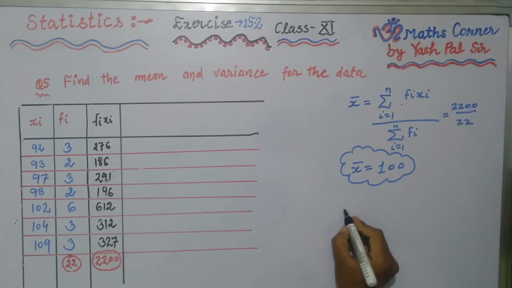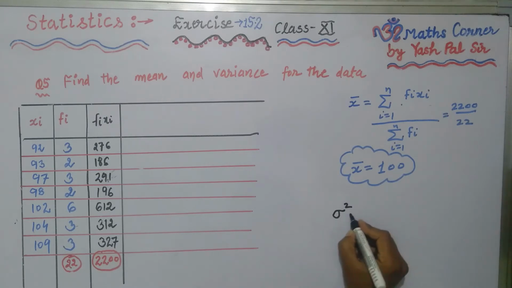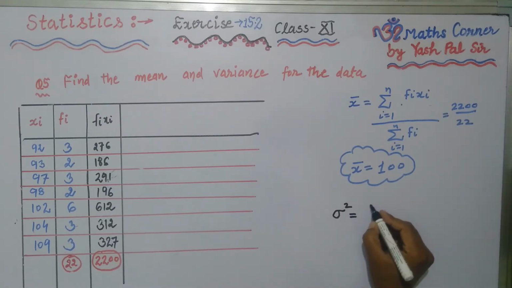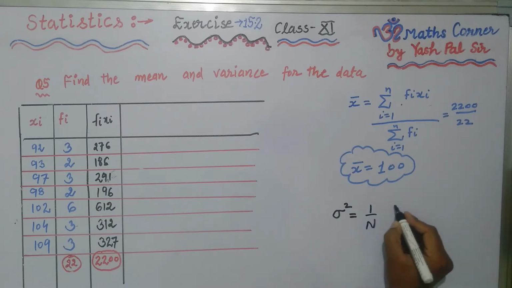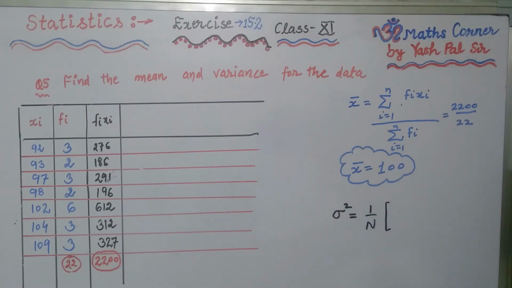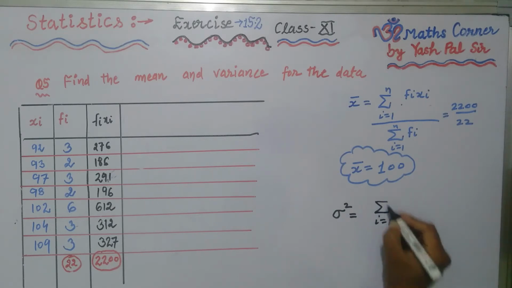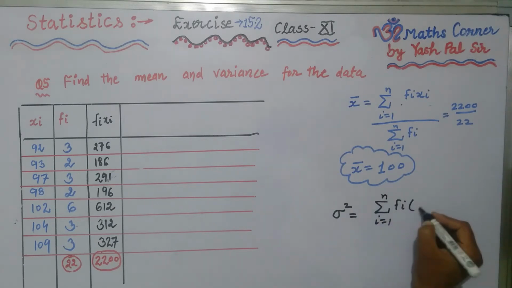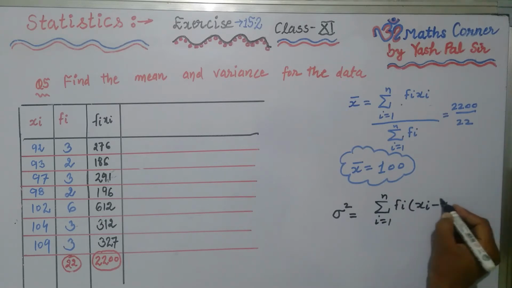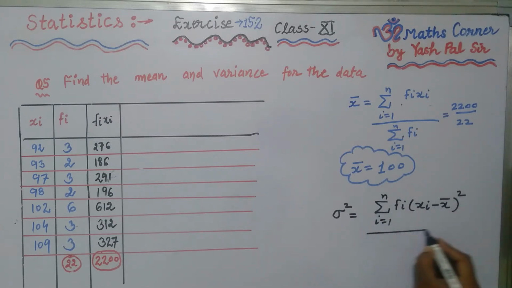First of all, the formula is variance sigma square is equal to, we write here 1 upon n into, simply we can write here summation i is equal to 1 to n fi into xi minus x bar its whole square whole divide summation i is equal to 1 to n of fi. Right? Mean to say, here next column we need xi minus x bar.